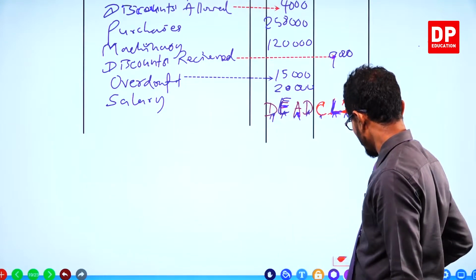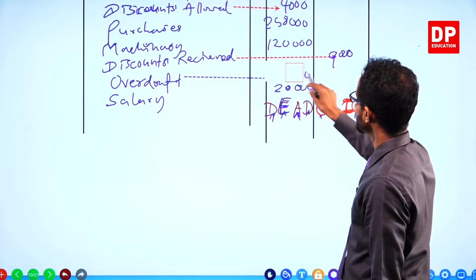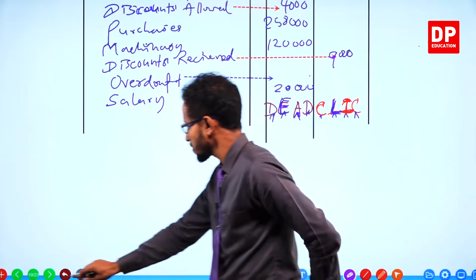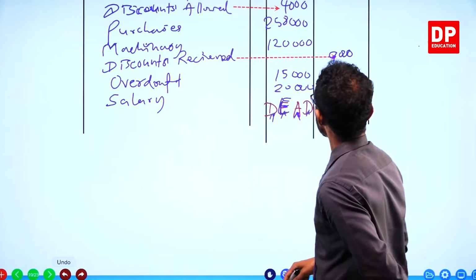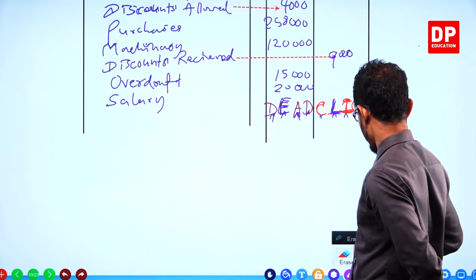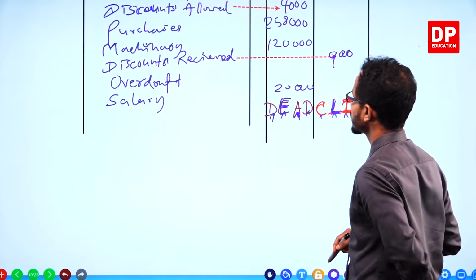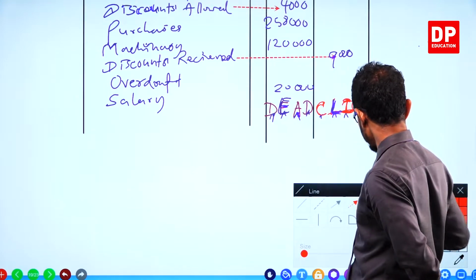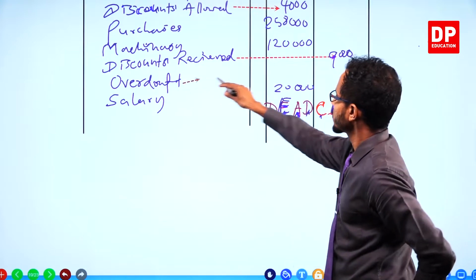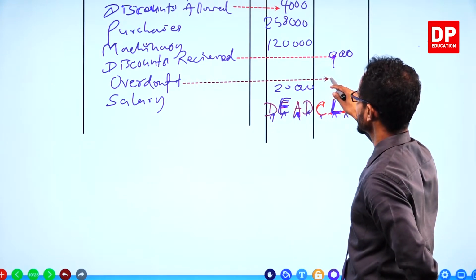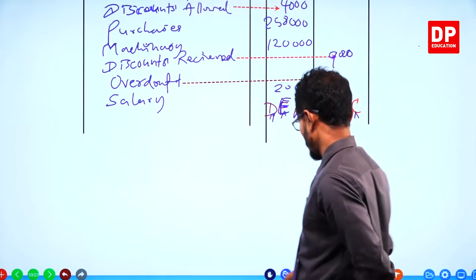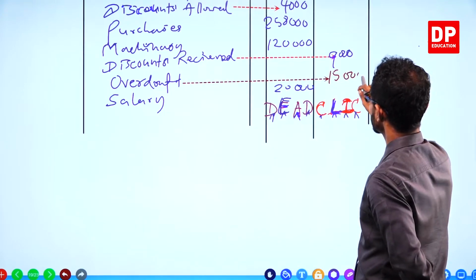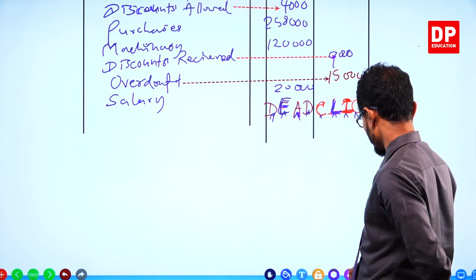Good that you noticed. Overdraft is a liability and liabilities are credited. Children, so 15,000 should be in the credit side. Okay.